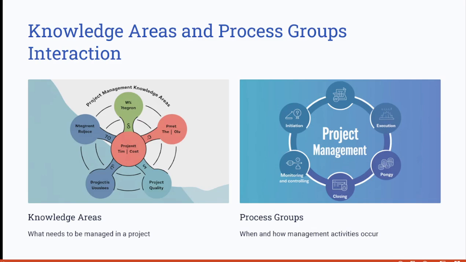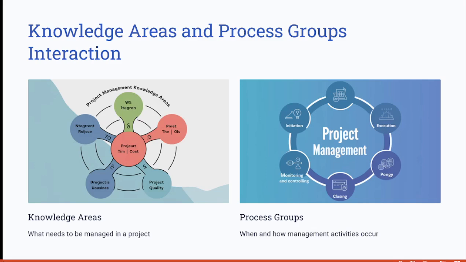Now let's understand how knowledge areas interact with the process groups. Think of knowledge areas as the different aspects of managing projects, such as scope, cost, quality, resources, while process groups describe the stages of the project lifecycle, such as initiating, planning, executing, monitoring and controlling, and finally closing.